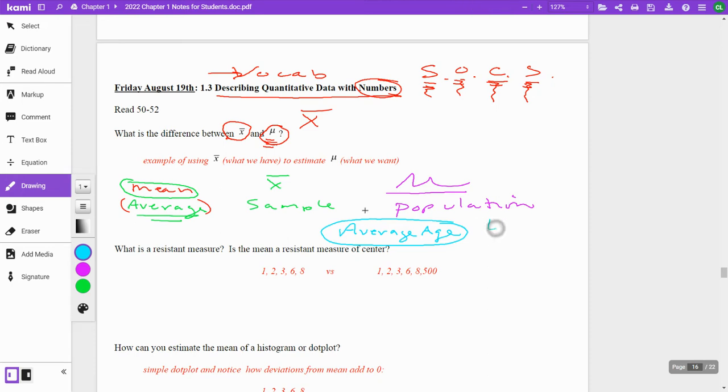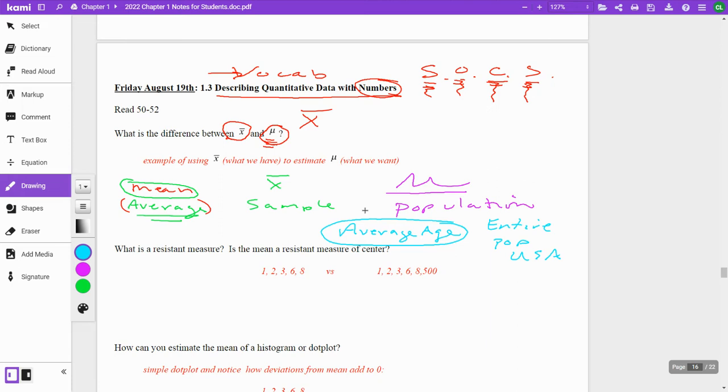Mu goes with the entire population of the USA. I would have to sample everybody in the United States, find out how old they are, and then find the average. There's a lot of people in the United States, and I'd have to add them up and divide. That's what the mean is.